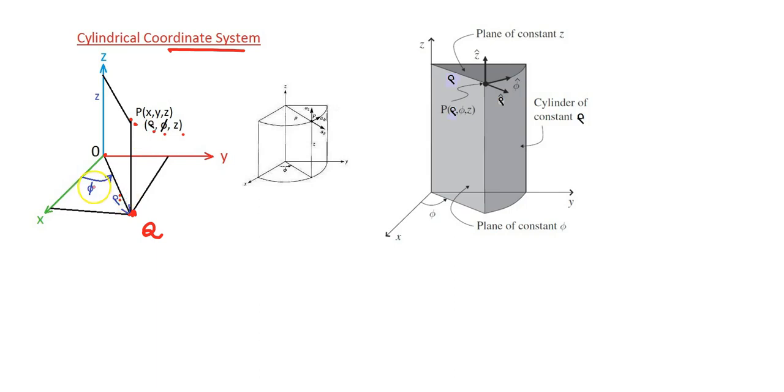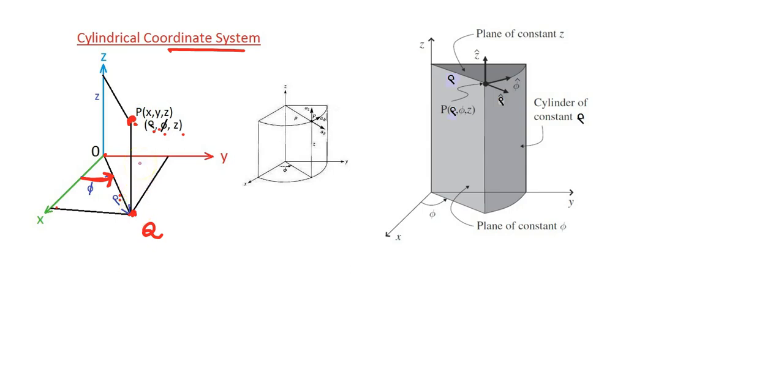Then what is phi? Phi is the angle between OQ and OX, measured in the positive direction from the x-axis. That is your phi. And z is, as usual, the distance between P and Q.